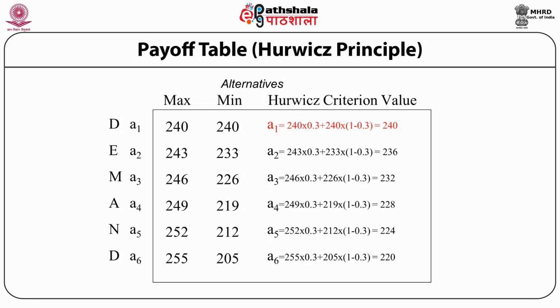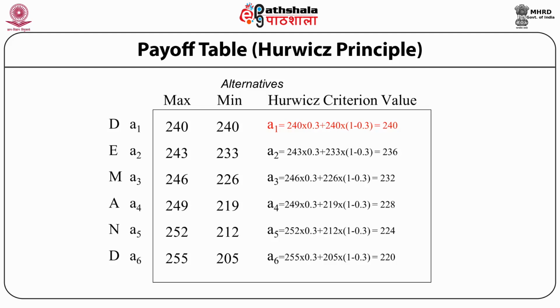So in this example, I have considered the value of alpha equal to 0.3. So obviously 1 minus alpha would be equal to 0.7.